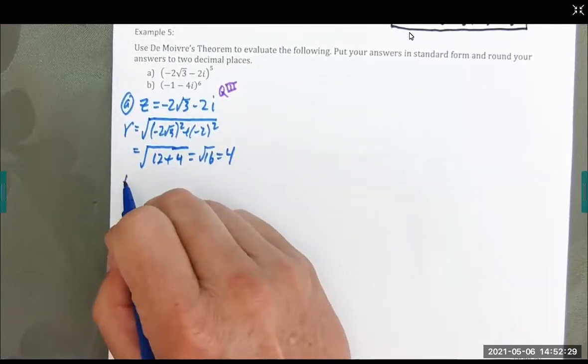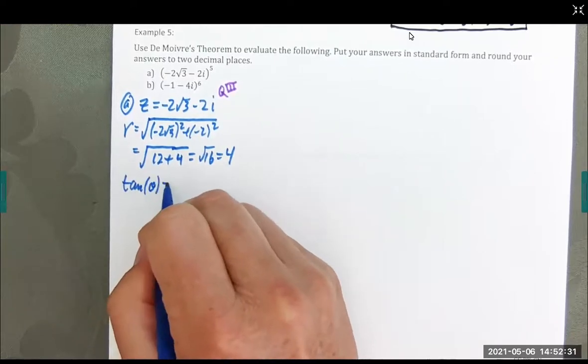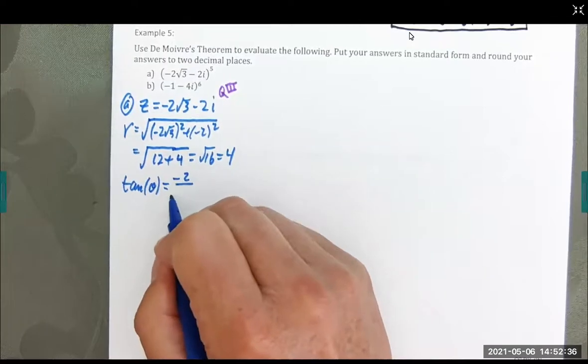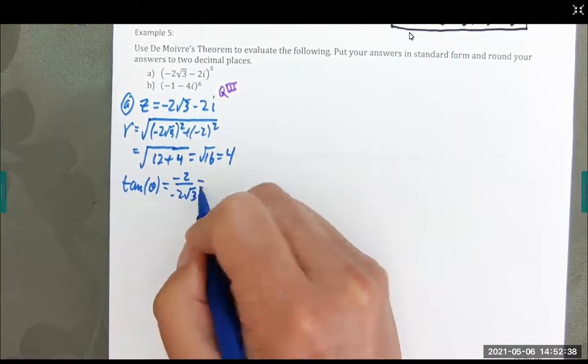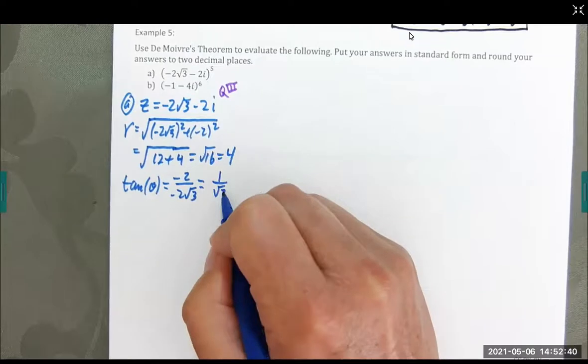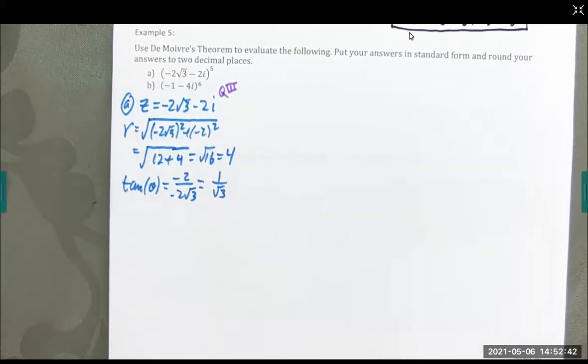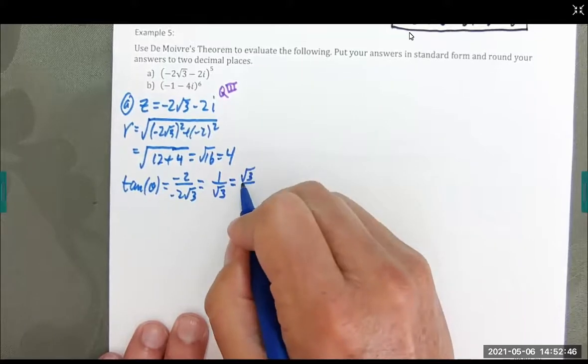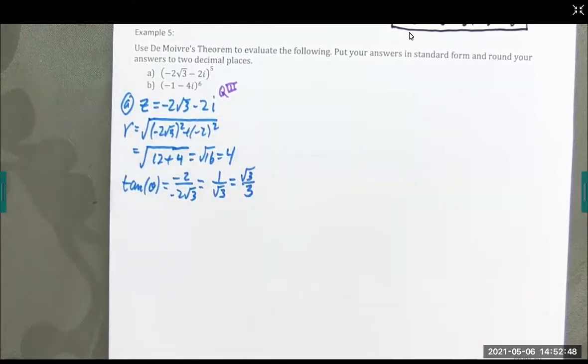And the tangent of theta is y over x. That's negative 2 over negative 2 root 3, or a positive 1 over root 3. Now we got to be careful. This is going to give us the angle in quadrant 1. And what we'll have to do is add pi to that to get the angle in quadrant 3.